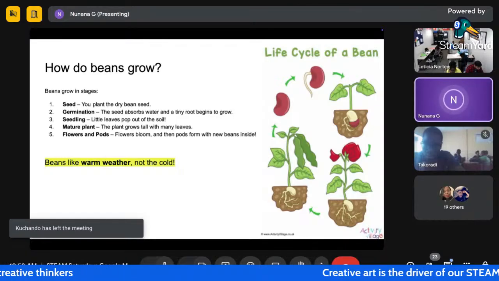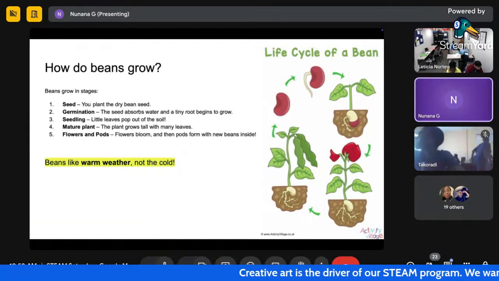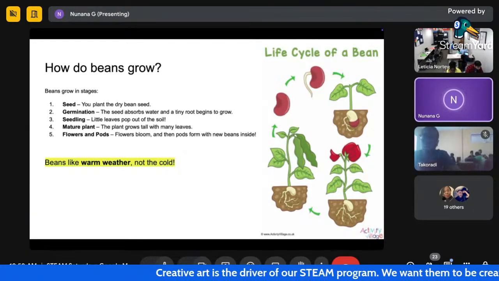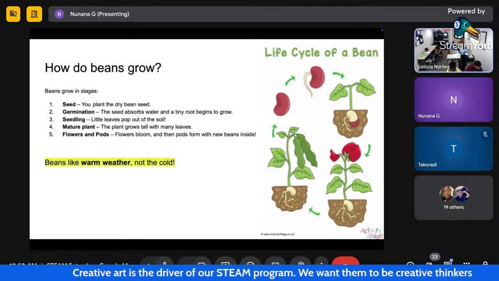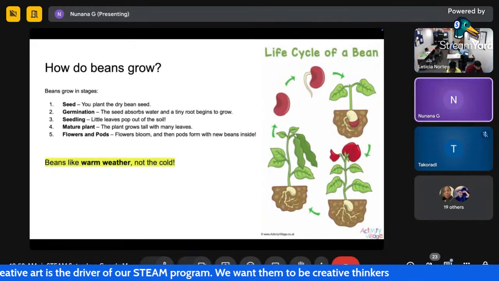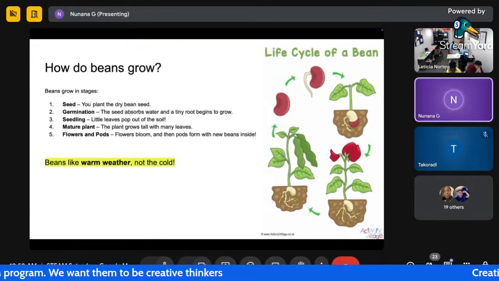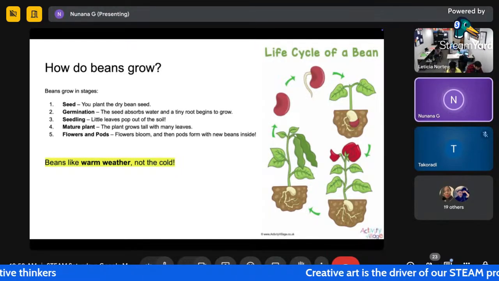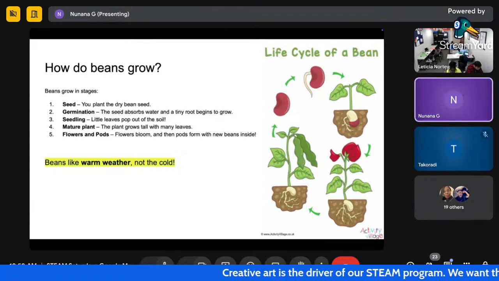And then the next step is seedling. It pops out of the seeds in the soil. And then it moves on to mature plant. It starts flowering. And then boom, new beans come out. And then we have the beans.